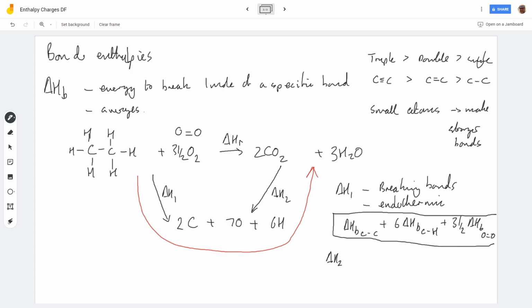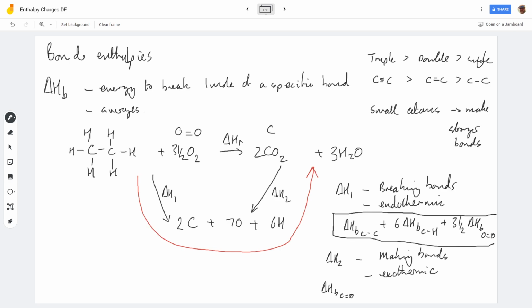Delta H2 is making bonds, so making a compound or compounds, and that's exothermic. So we're actually going in the opposite direction of the bond enthalpies. So delta H2 will be negative and delta H1 will be positive. Okay, so this will be delta H, the carbon-oxygen double.